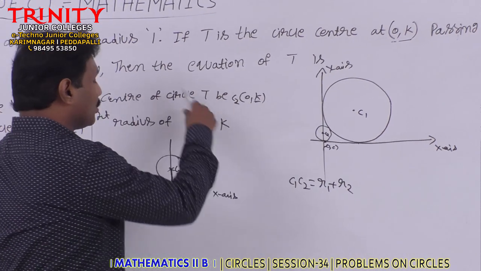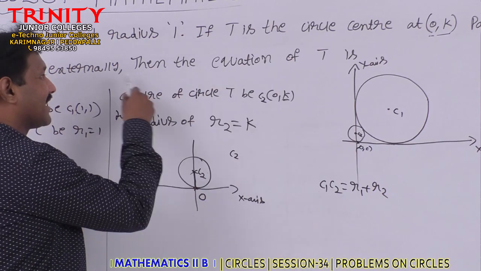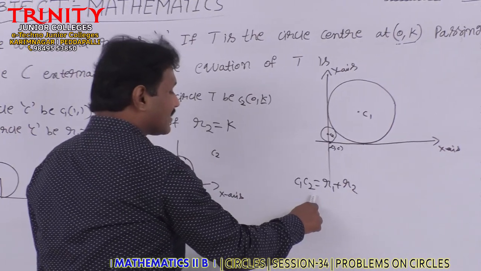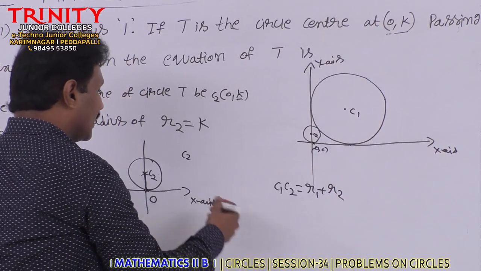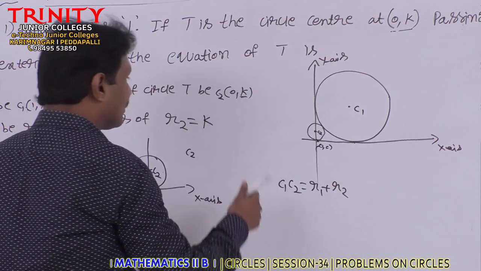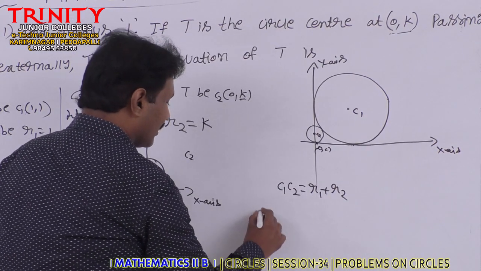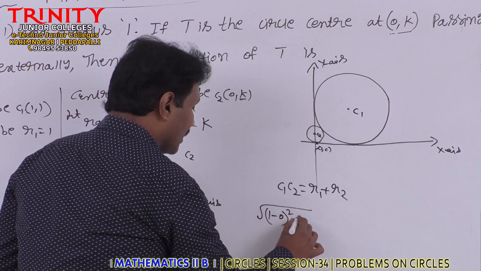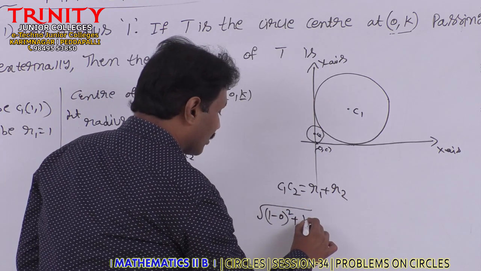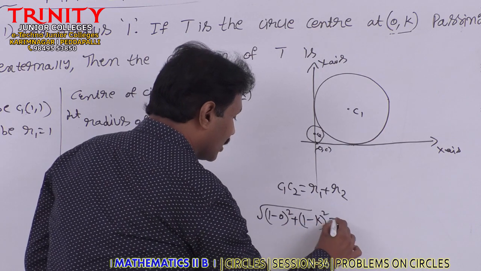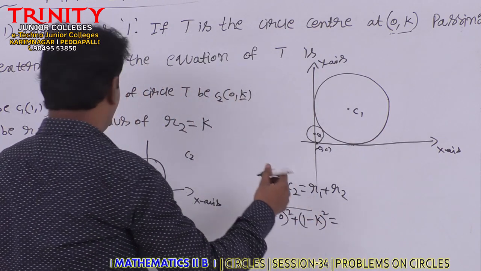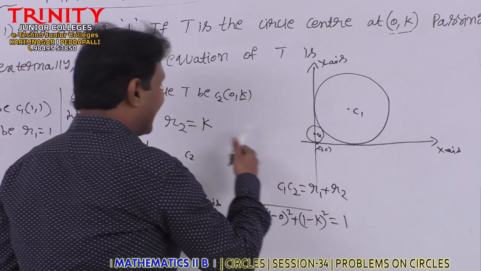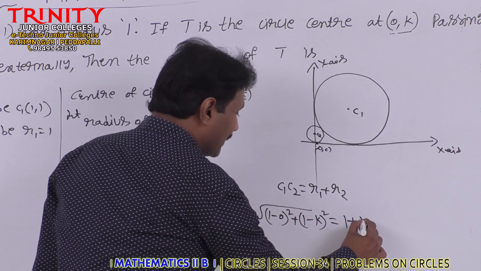We use the condition that the two circles touch each other externally, that means C1C2 equals R1 plus R2. Here C1 is (1, 1), C2 is (0, k). That equals the square root of (1 minus 0) whole squared plus (1 minus k) whole squared. The distance between the two centers equals the radius of the first circle, 1, plus the radius of the second circle, k, so 1 plus k.